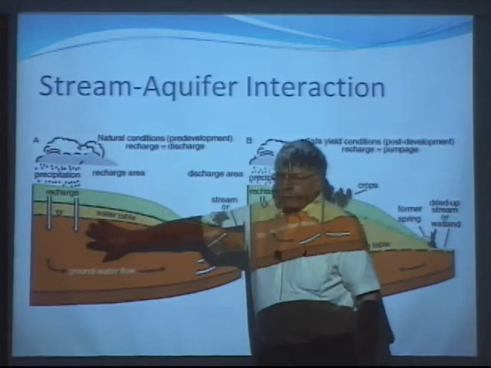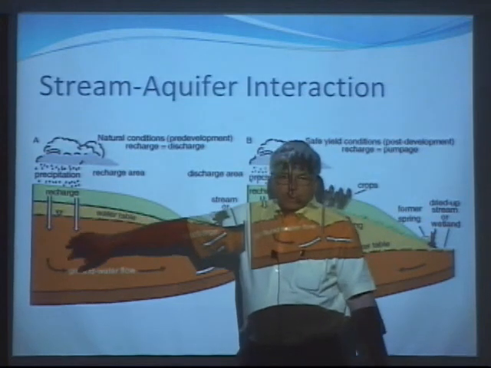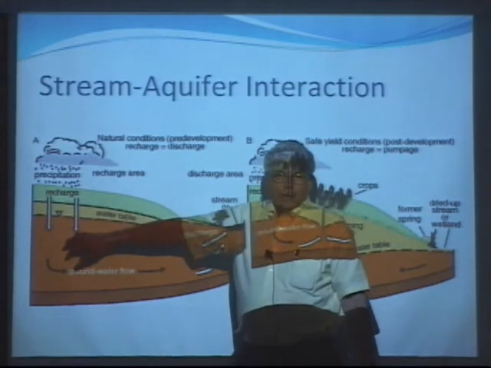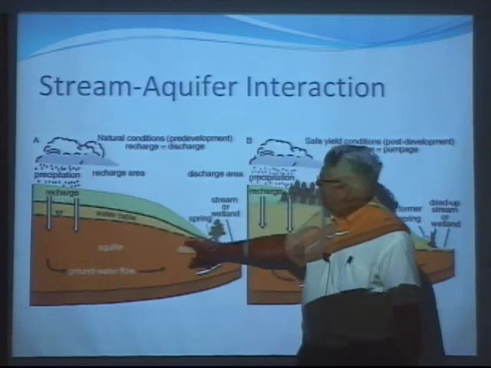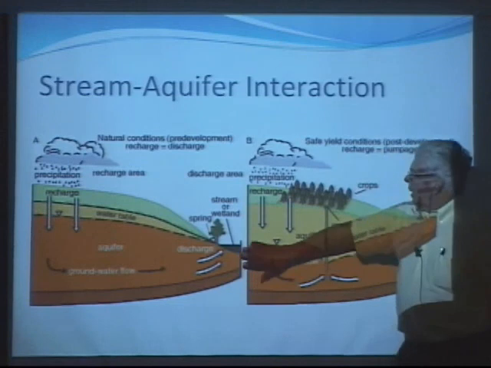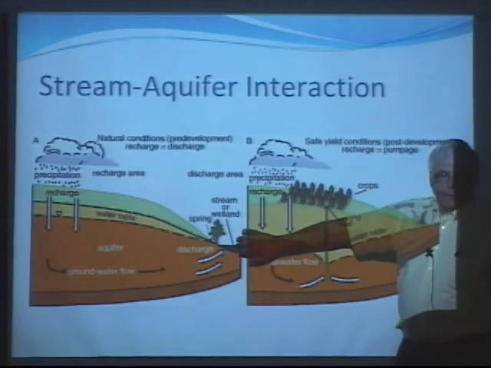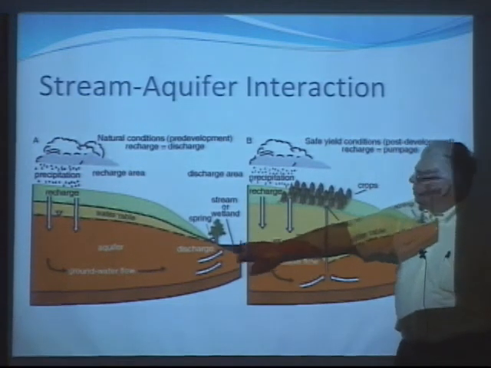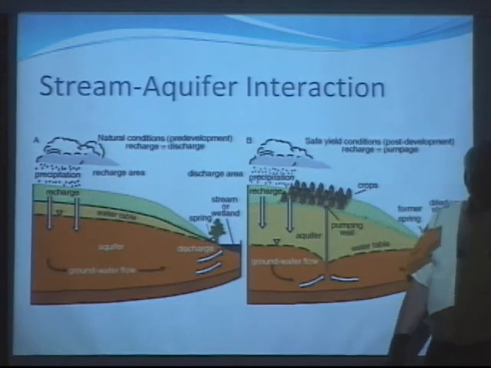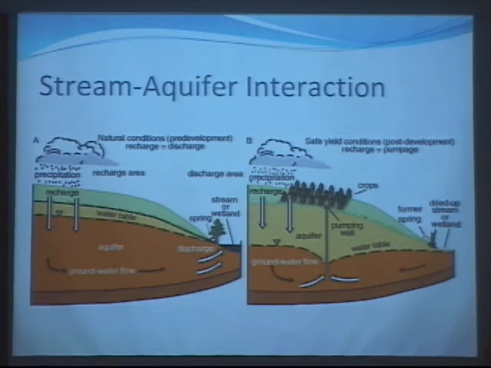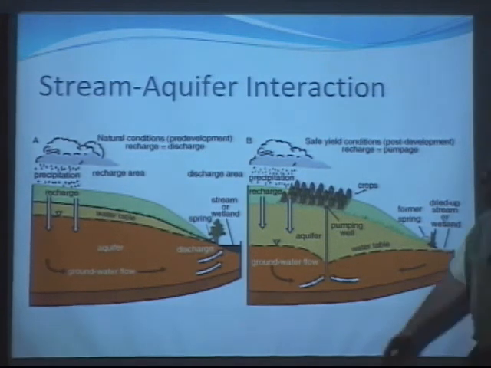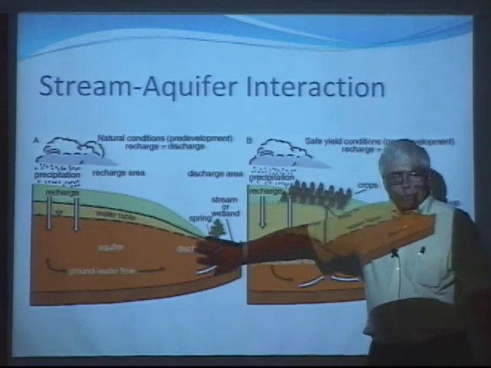And even though this water is moving only maybe a foot a day, or probably just a few inches a day, gradually it moves down slope, and the bottom of streams would typically intersect with the water table, and this is how you have a continuous flow of water during dry periods. So perennial streams get their water by discharging water that's in the aquifer.